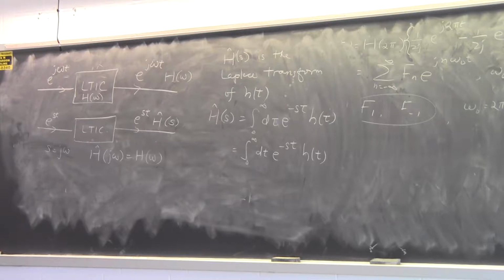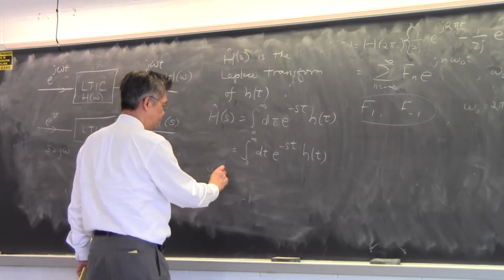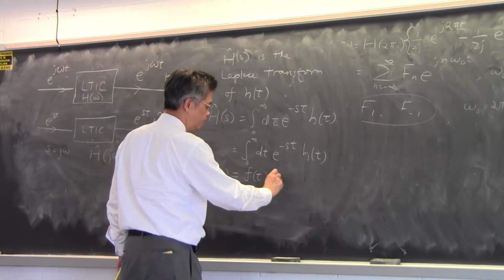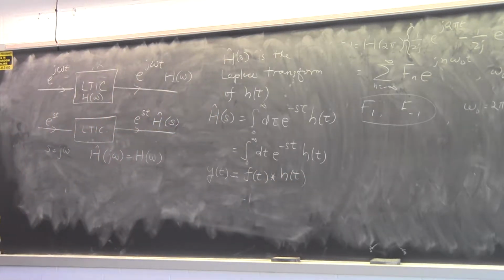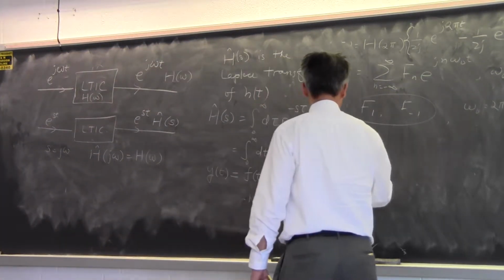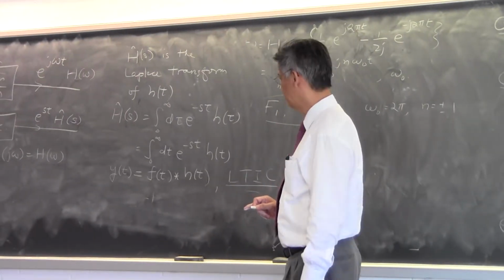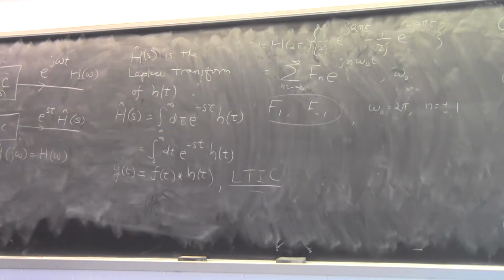Okay? And you can also very easily prove that if y of t in general is equal to f of t convolving with h of t, that is what we found to be true for a linear time invariant system, and the system is also causal, so this statement is true for a linear time invariant causal system.